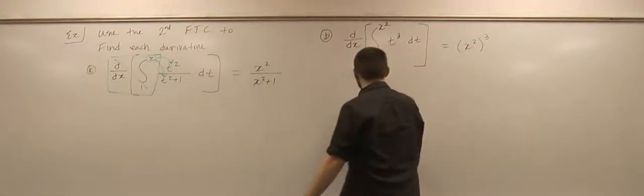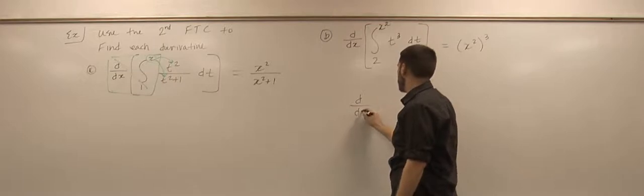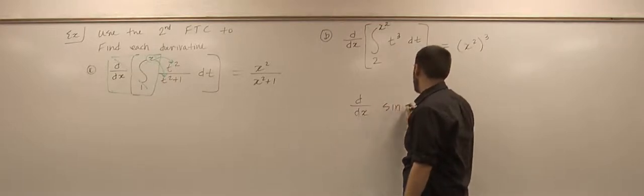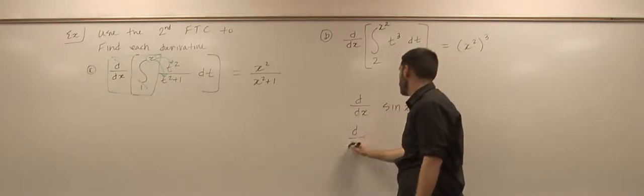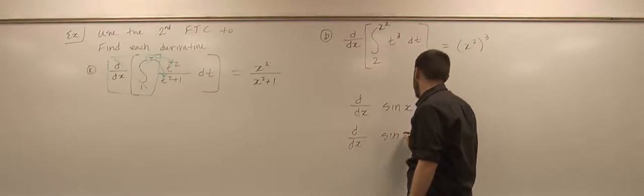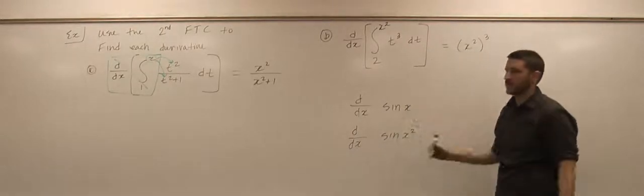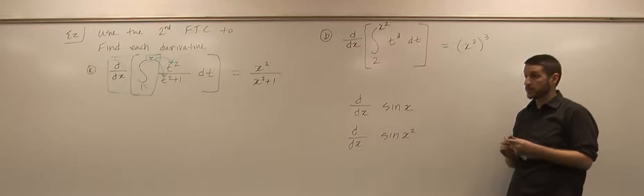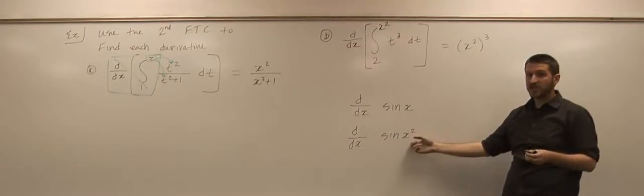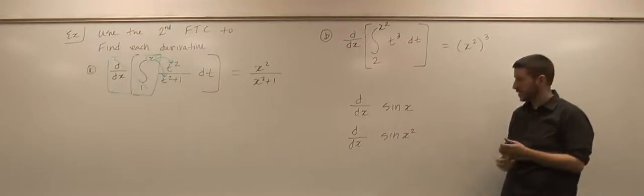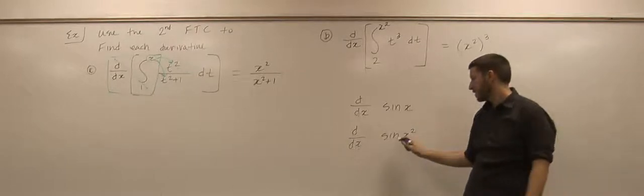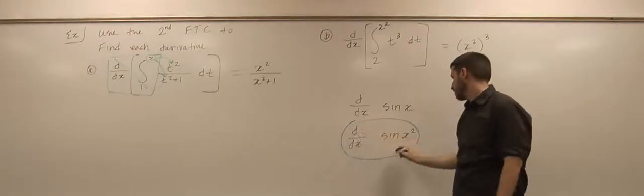What's the difference between taking the derivative of sine x versus the derivative of sine x squared? What do you do differently? This guy has an inside function, so you need to use chain rule.